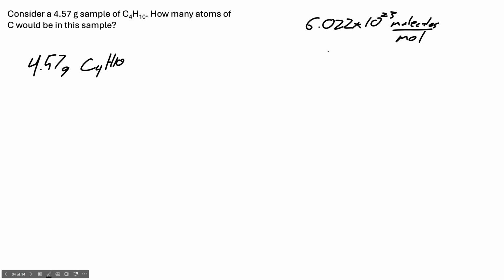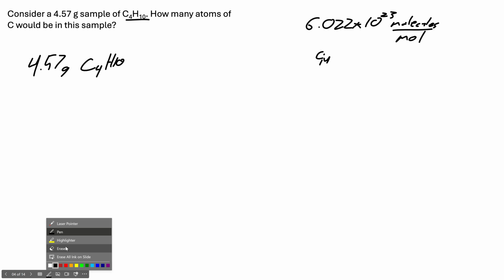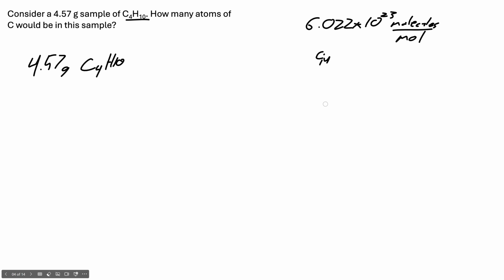Then I need to know the molar mass of this compound. I'm going to find the molar mass by saying, well, we have 4 carbons. So C4. Oh my gosh, sorry. Don't know where I keep getting that tens place from. All right.